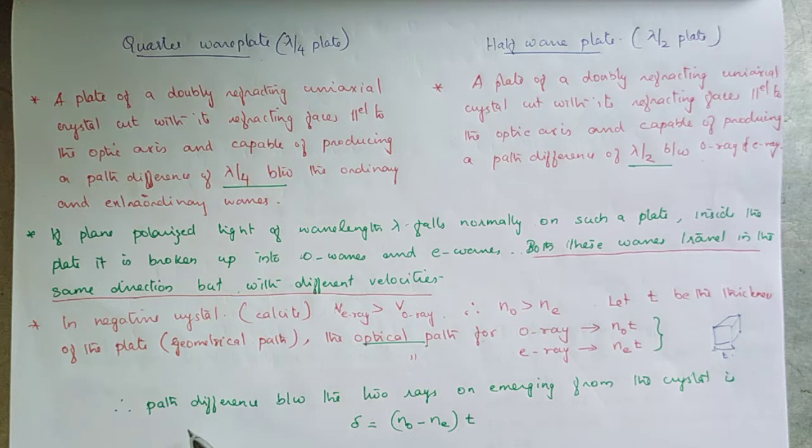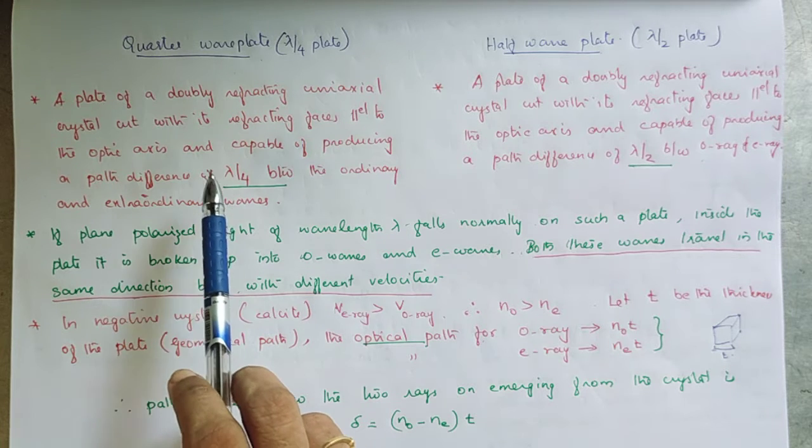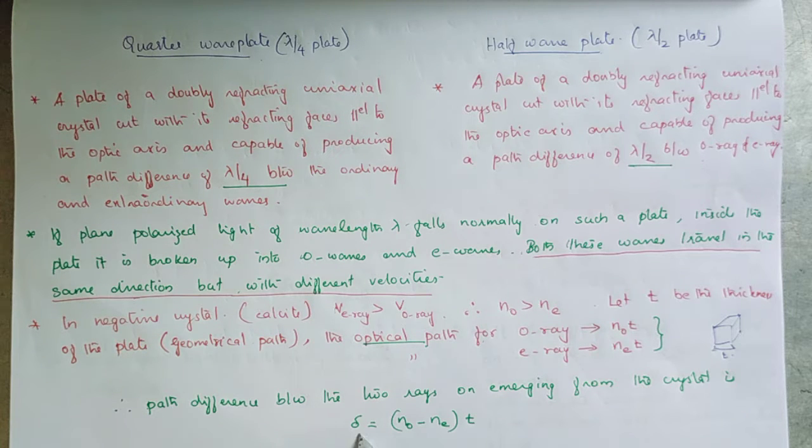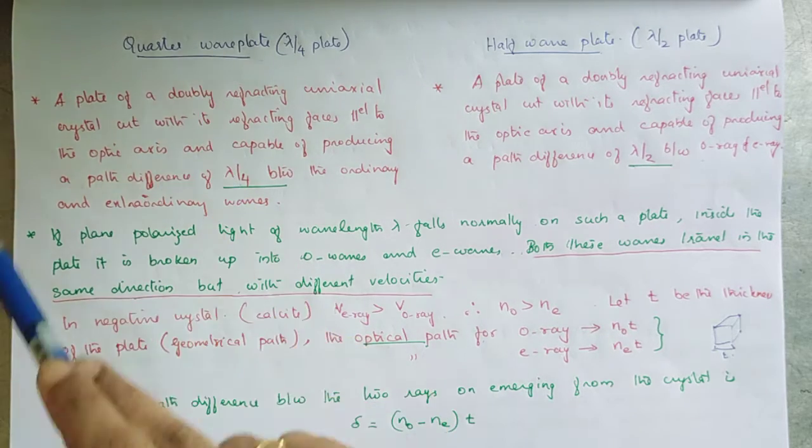Now it is easy to find the path difference between these two rays. Just take the difference, n_o t minus n_e t, and we will get the path difference delta. Then just go to the definition. When this path difference is equal to lambda by 4, we will get a quarter wave plate.